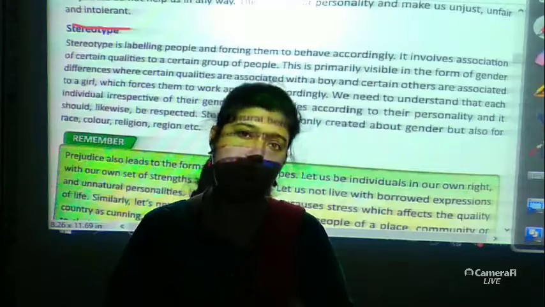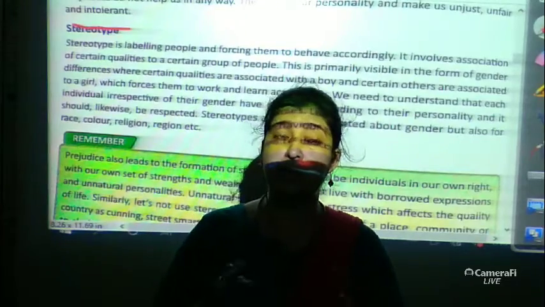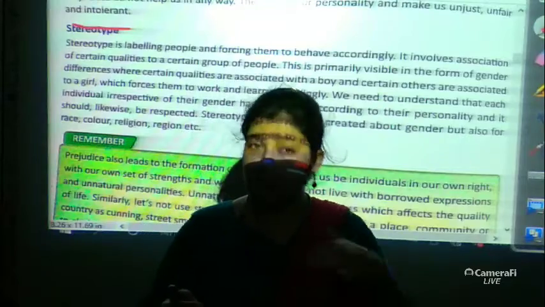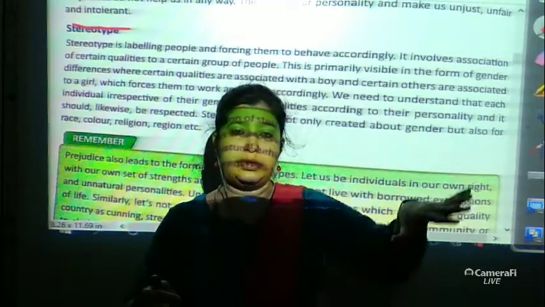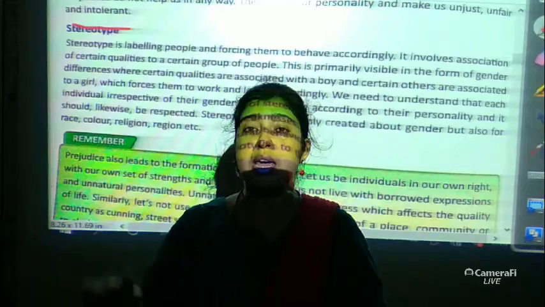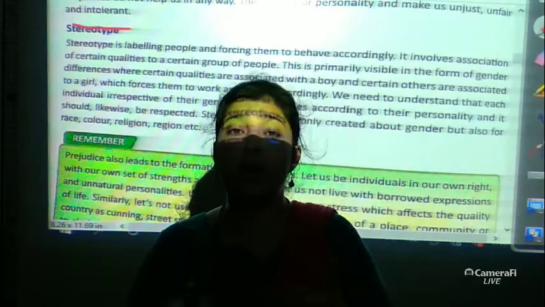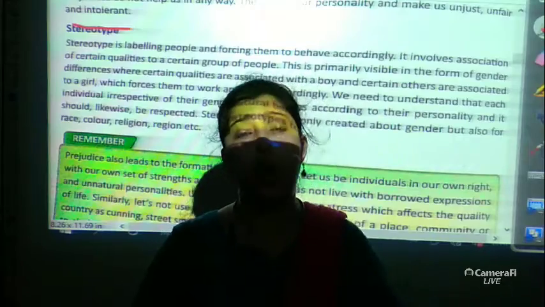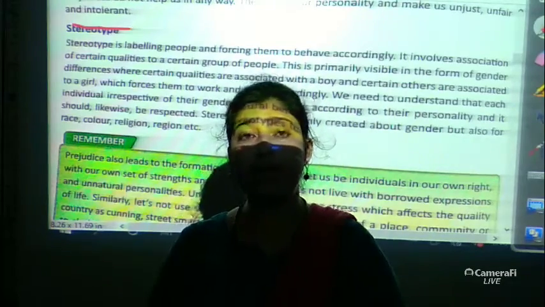So this is discrimination from the beginning, between the boy child and the girl child. We think that girls are only for the house, they can only do household work, but boys can go outside and do whatever they want, while girls cannot.